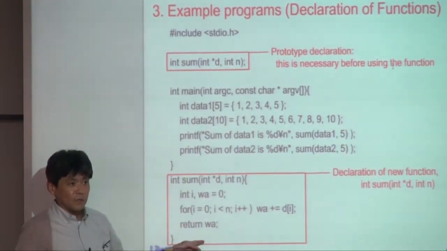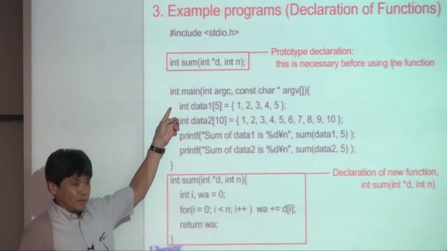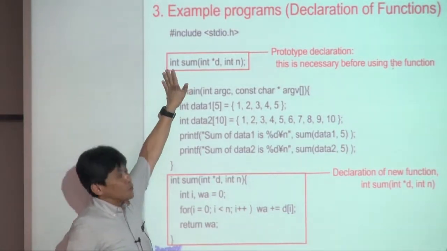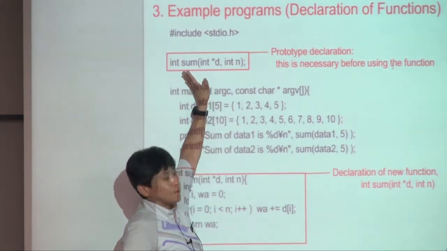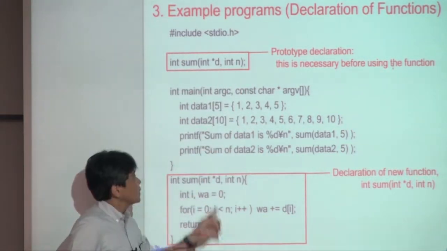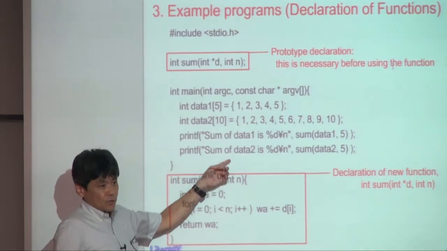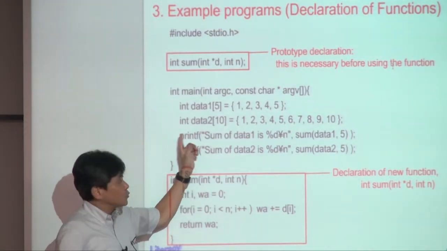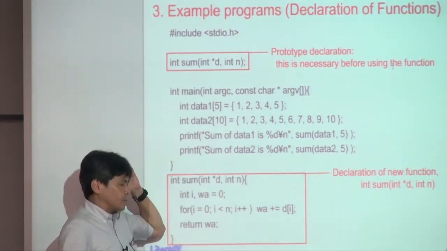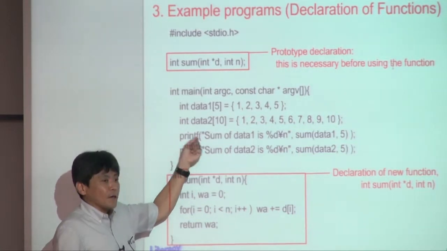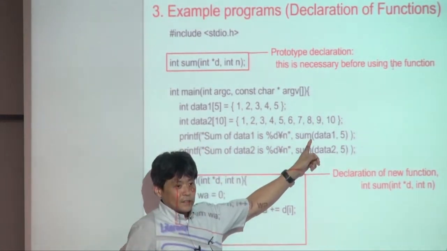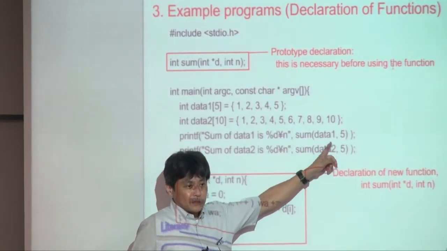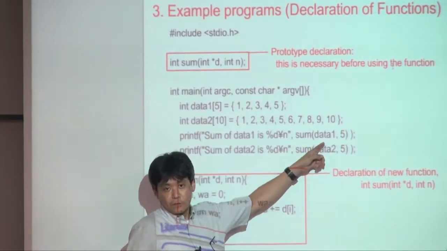However, you have to put the prototype definition for these functions. If you don't put the prototype definition, inside the main function the compiler doesn't know what kind of return value this function has and what kind of arguments are needed for these functions.